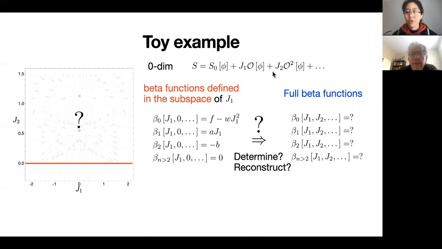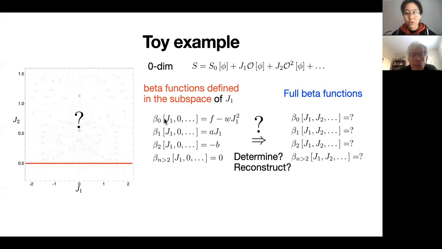And then by integrating out the high energy part, the couplings of those deformations can be modified. The modification is characterized in the beta functions, beta 1, 2, 3, and so on. So here I also include the beta 0 to characterize the accumulation of the free energy.